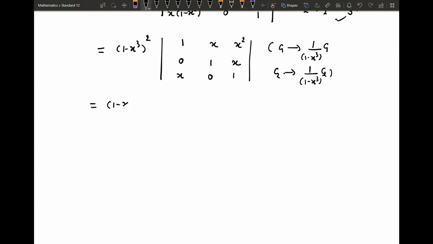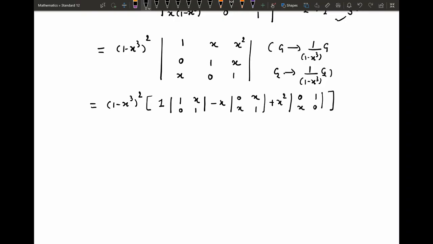So 1 minus x cube whole square, 1 into the minor with rows 1 x, 0 1, minus x into the minor 0 x, x 1, plus x square into the minor 0 1, x 0.